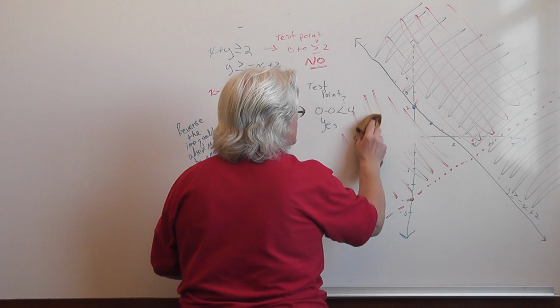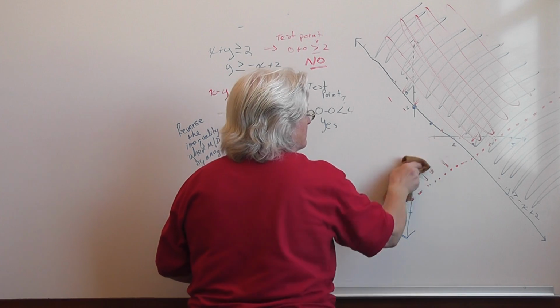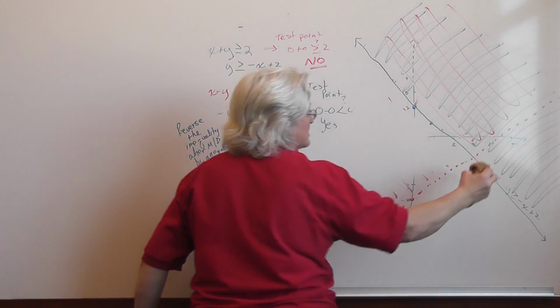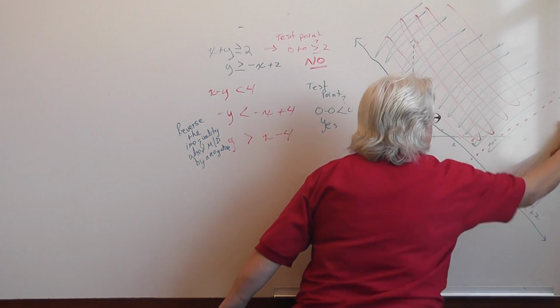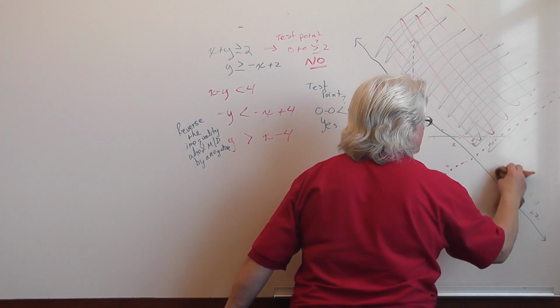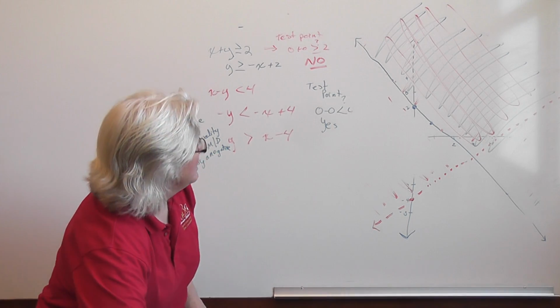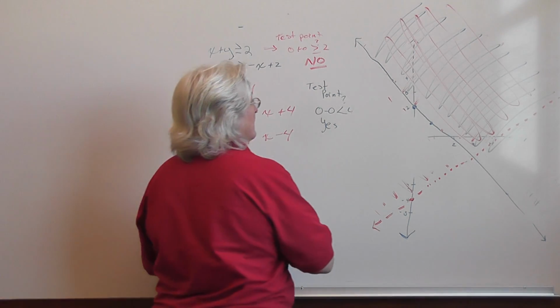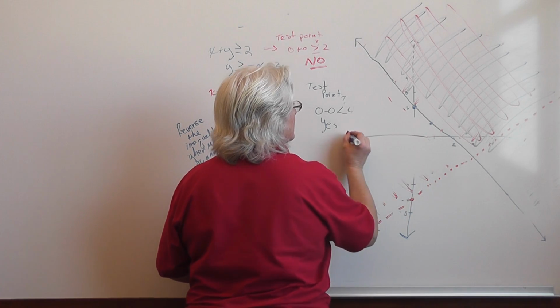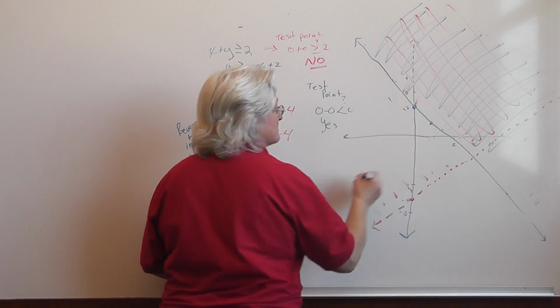So none of this is part of the solution. None of just this plain blue area is a part of the solution, but only the place where the shading of these two graphs overlap. That's what your solution is.